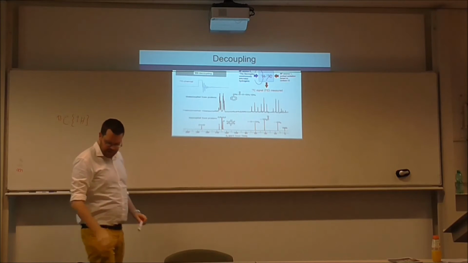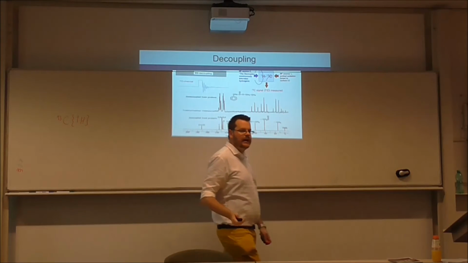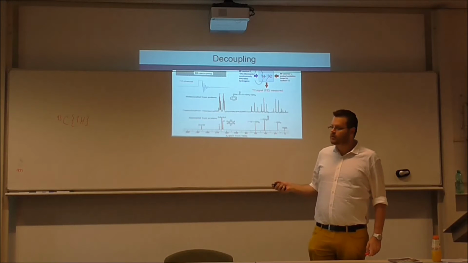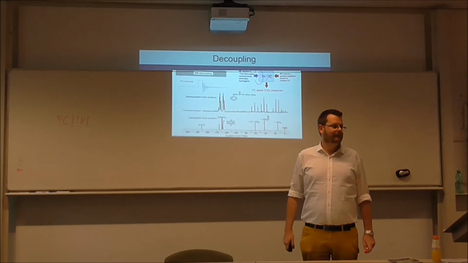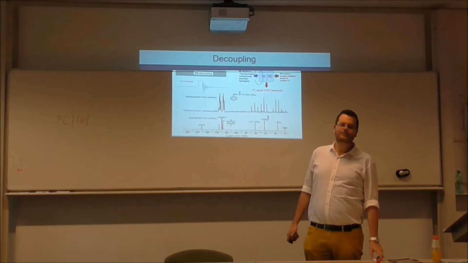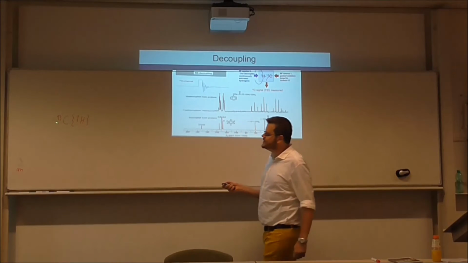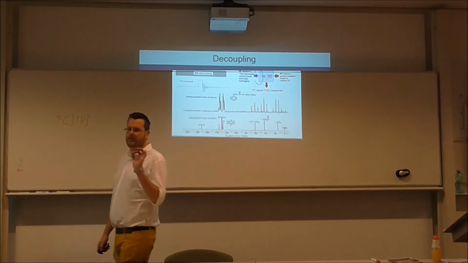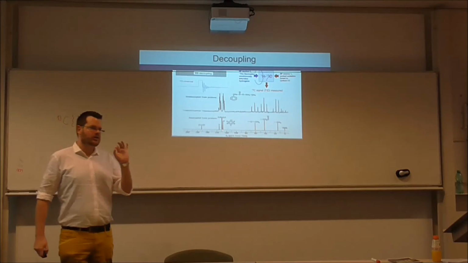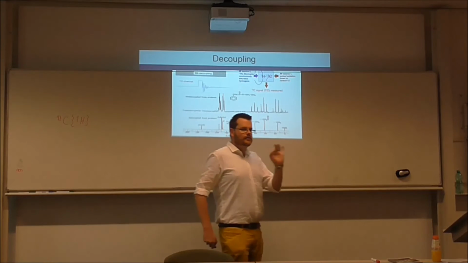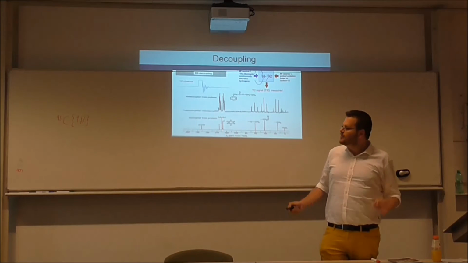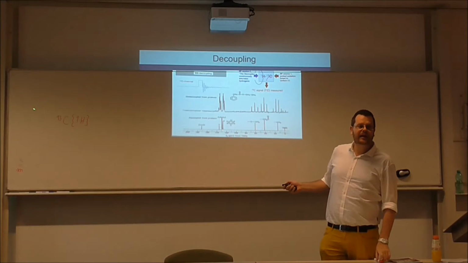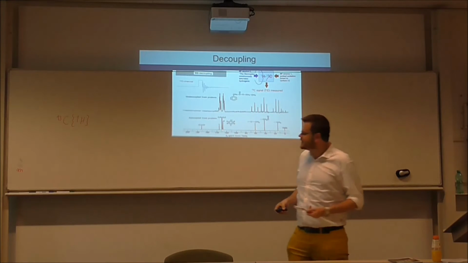Now, that curly bracket with a 1H, what does that mean? It means you're recording a 13C spectrum and it's decoupled from the 1H. In other words, you're going to record a spectrum, find all the 13C signals, but you're going to switch off any coupling to 1H's. That's what that curly bracket means.